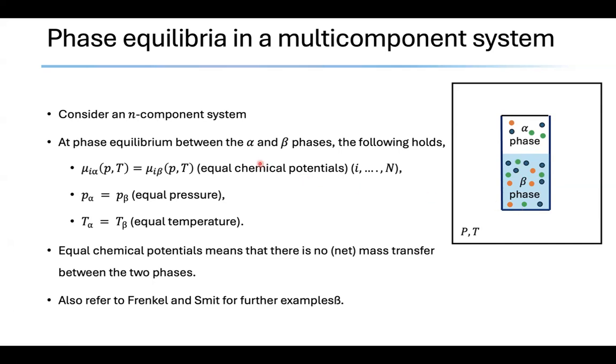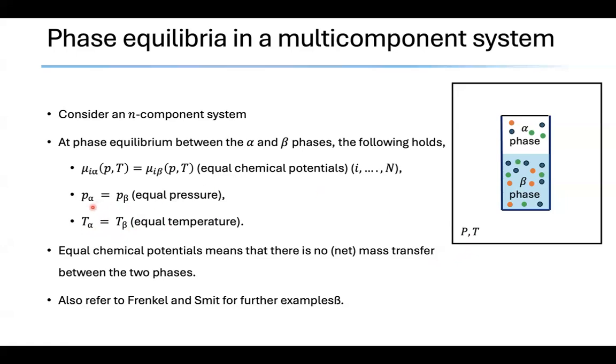At phase equilibrium between the alpha phase and the beta phase, the following relations should hold. Firstly, the pressure in the alpha phase should equal the pressure in the beta phase. Similarly, the temperature in the alpha phase should equal the temperature in the beta phase, and that should be equal to T, because that is what you impose here.